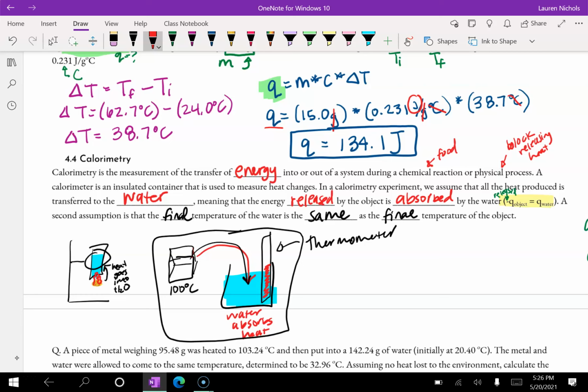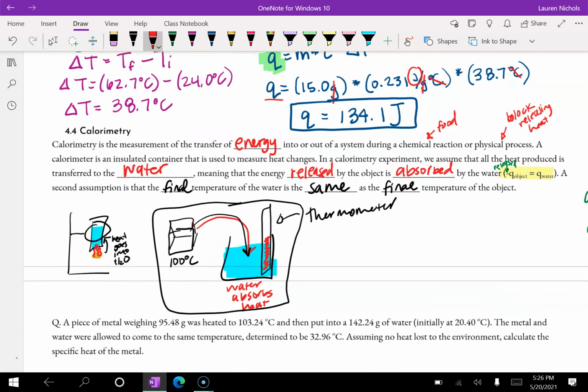And then they'll eventually both start to cool down to match the temperature of the air. But what this tells us is that T final of my water is equal to the T final of my metal or my object. And so that is another really important thing when we're doing these calculations.